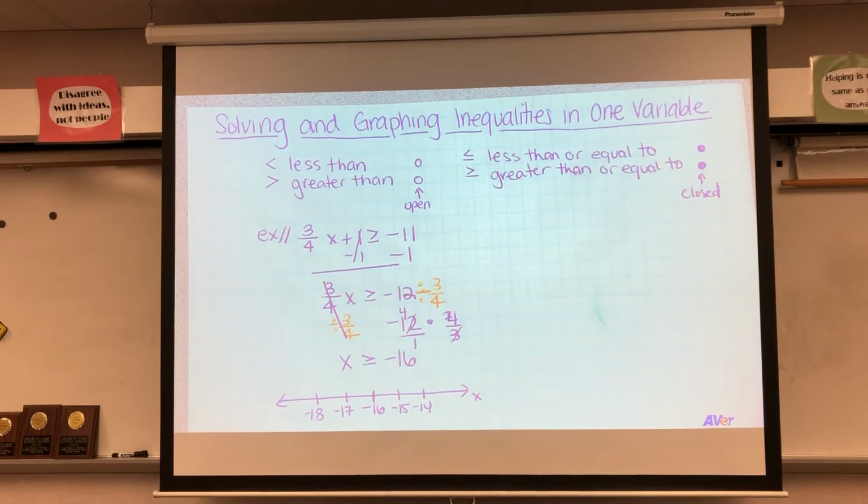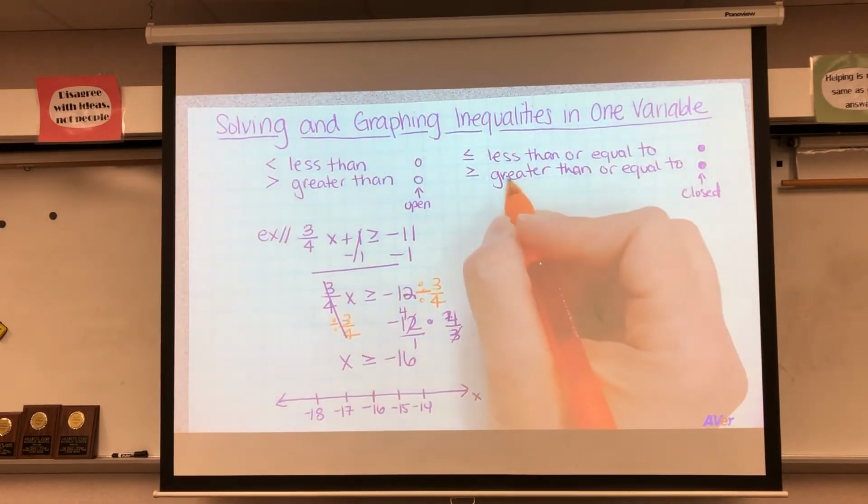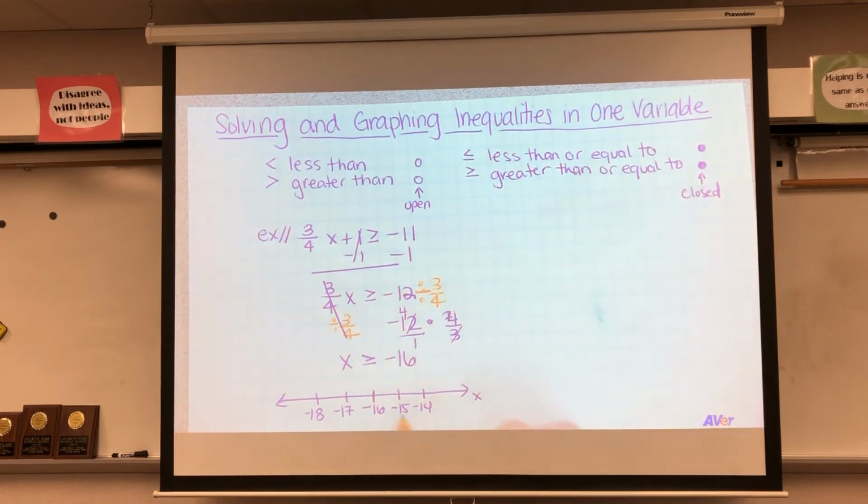And I tend to like to use a different color to show what's going on. So I know that I'm using -16, and since it's greater than or equal to, I used a closed dot. And I usually do it right on there because I'm using a separate color. I need the numbers greater. Hopefully we know the numbers that are greater are to the right. So this would be my graph solution of what I have up here.